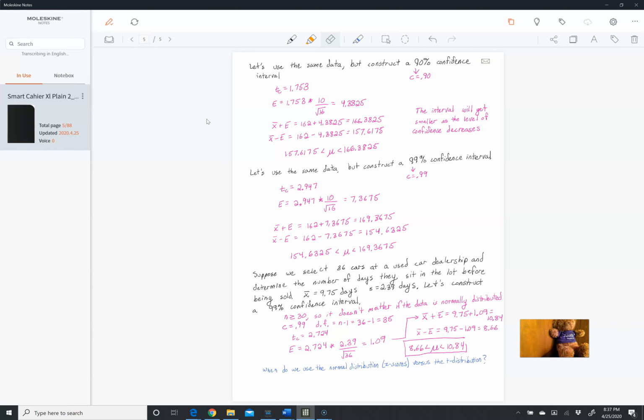Okay, well first, if it's not normally distributed and n is not greater than or equal to 30, you can't use either. So if n is less than 30, or the data is not normally distributed, you can't use either.